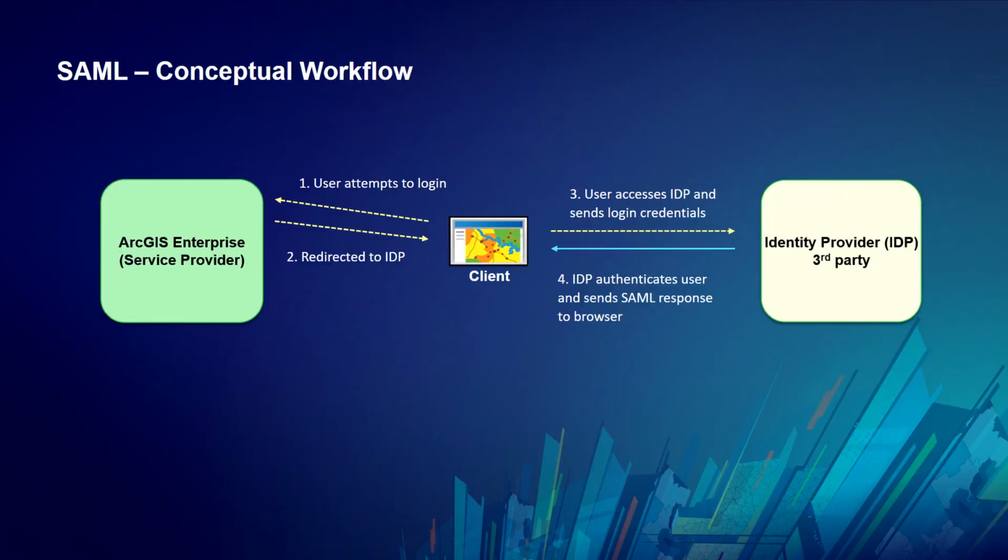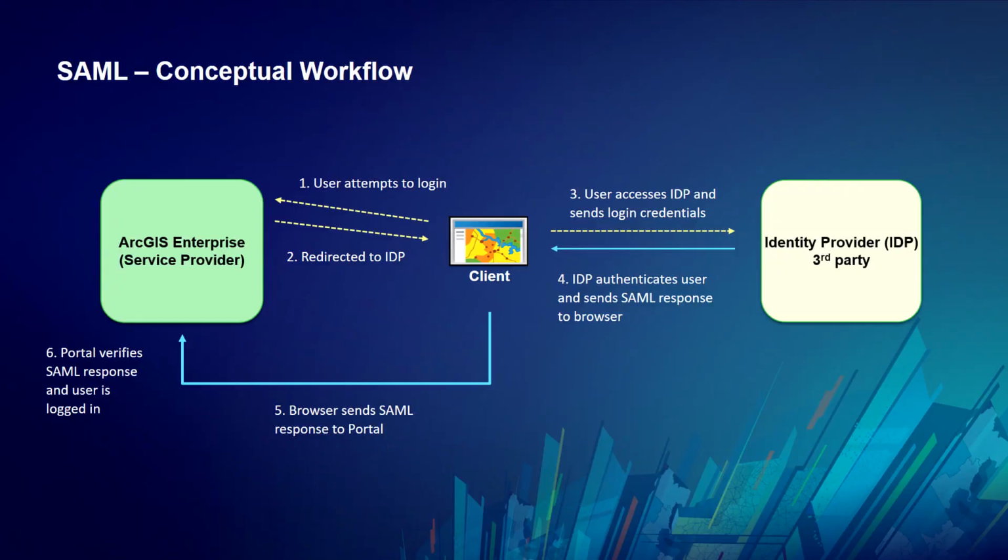And then the identity provider sends a SAML response back to the browser, and this is passed on to the ArcGIS Enterprise. It's a bunch of encrypted information, but included in there is the username, the email address, the user's display name or given name, and that's about it.